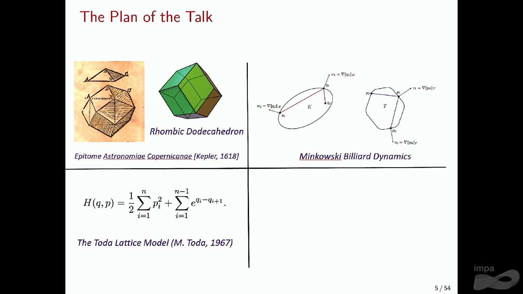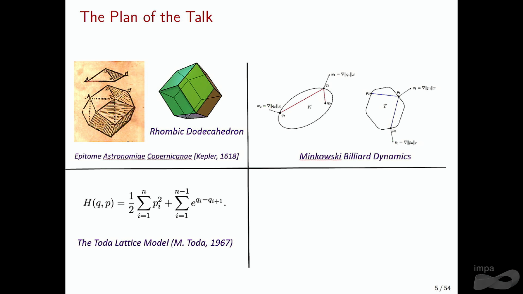The next object in the talk is a famous completely integrable dynamical system known as the Toda lattice model. You can see here the corresponding Hamiltonian function. This is, in a sense, one of the first examples of a completely integrable nonlinear Hamiltonian dynamical system.